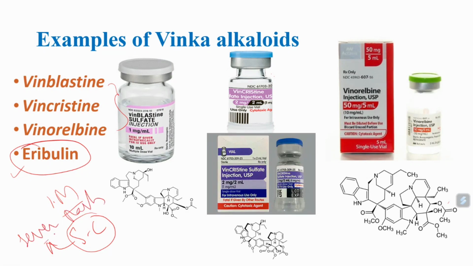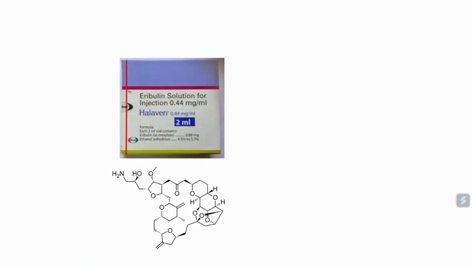That's why they are never given subcutaneously or IM. They are given only as IV infusion, either bolus or slow infusion. The fourth compound is eribulin, not related to Vinca alkaloids, but with a very similar mechanism. So these are four different examples of natural compounds.